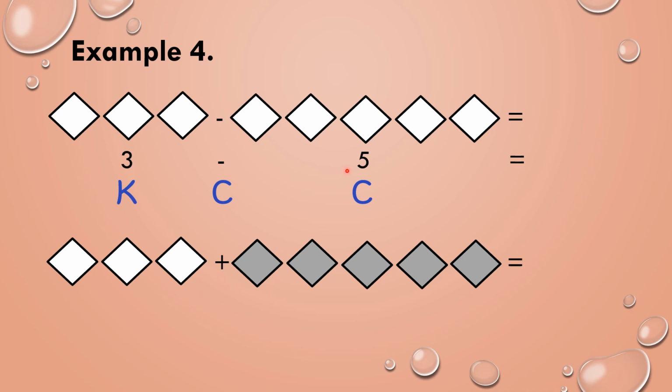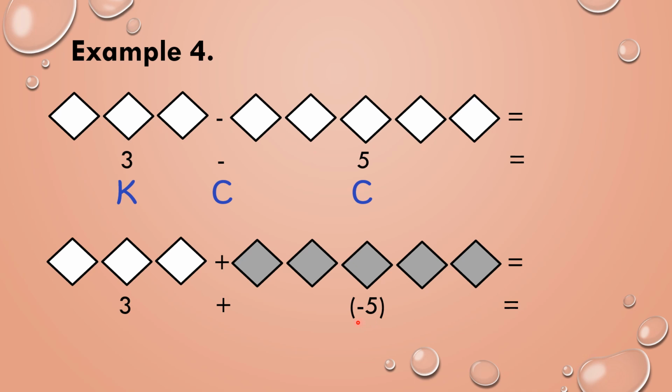And then, since 5 here is positive, we need to change it into negative. So, ginawa natin gray yung 5 white tiles. So, let us now represent it into mathematical equation, katulad nito. So, it will become 3 or positive 3, ganun pa rin since we are talking about keep, and then plus, and then negative 5.